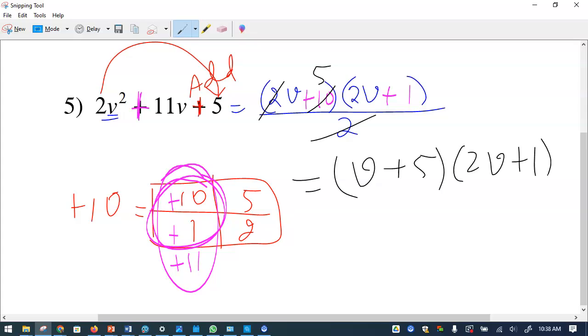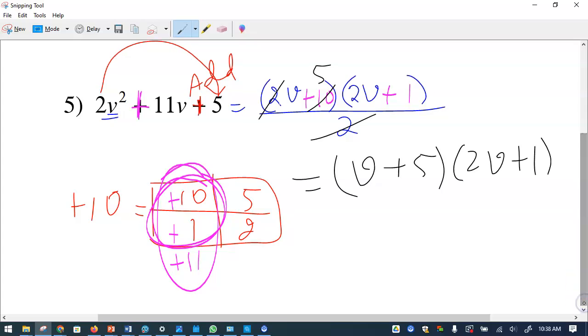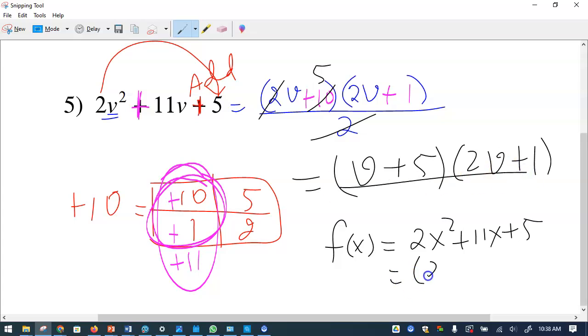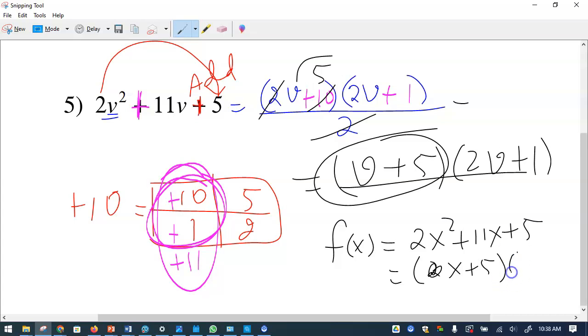Sometimes the same problem could be written as a given function in standard form, 2x squared plus 11x plus 5, and they say, hey, factorize. So all you get is these two answers: x plus 5 and 2x plus 1.